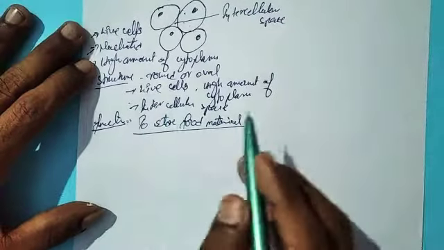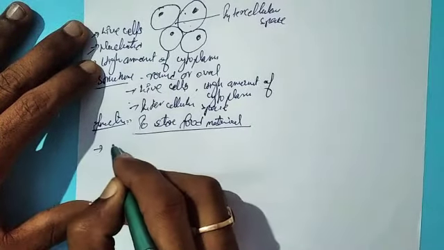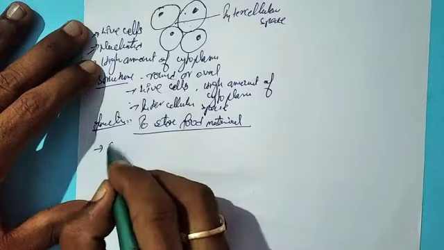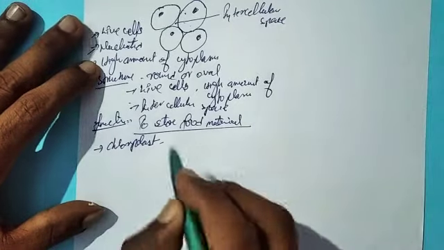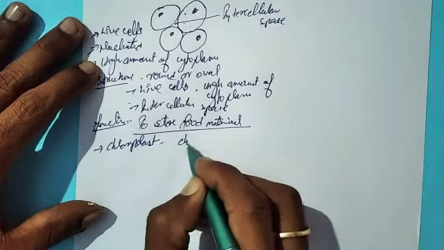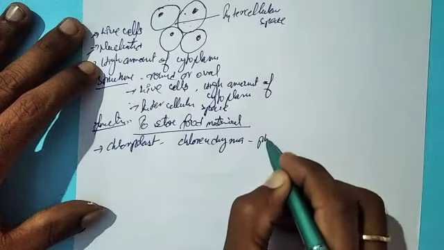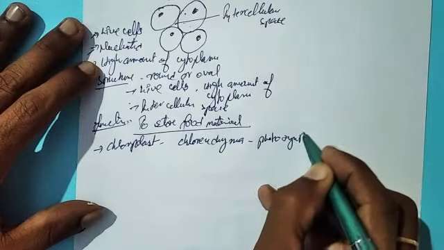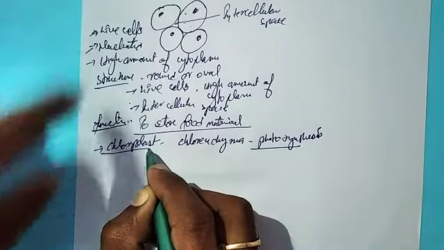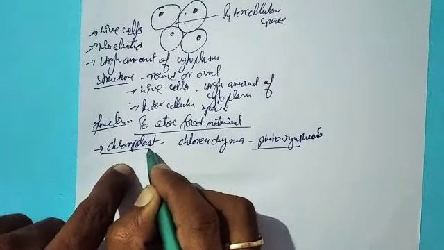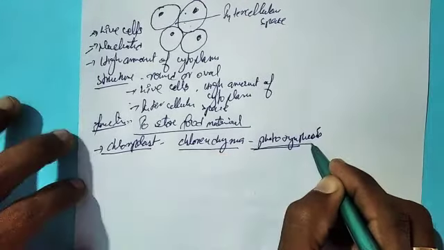Sometimes these parenchyma tissues generate chloroplast, and they are known as chlorenchyma, and perform photosynthesis. If the parenchyma tissue produces or has chloroplast, it is known as chlorenchyma, and it performs photosynthesis.